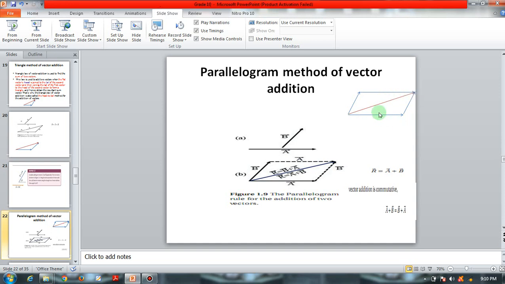If you consider the above triangle, this resultant is B plus A, because this is B, this is A. And if I consider this triangle, this resultant is again A plus B. But mathematically addition is commutative, so A plus B equals B plus A. In this fashion, you can use the parallelogram method to add two vectors.